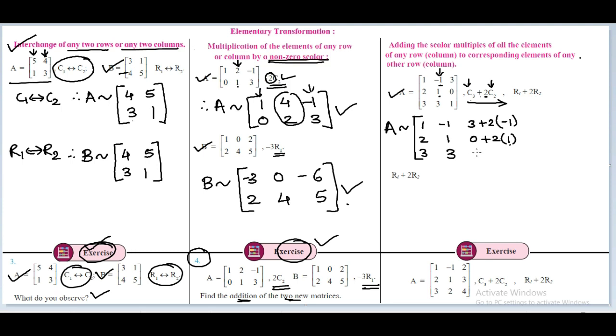The third element of column 3, that is 1 plus 2 into, what is the element of column 2? That is 3. So what will be our new matrix? The new matrix will be 1, 2, 3, -1, 1, 3. It will be 3 minus 2, that is 1. It will be 2 ones are 2, and it will be 6 plus 1, that is 7.